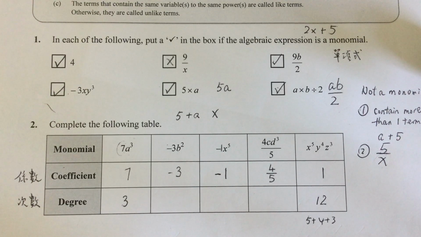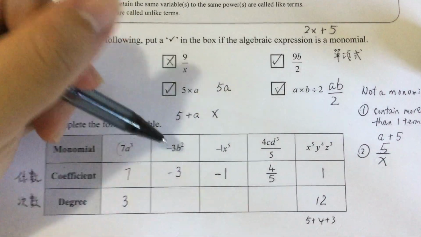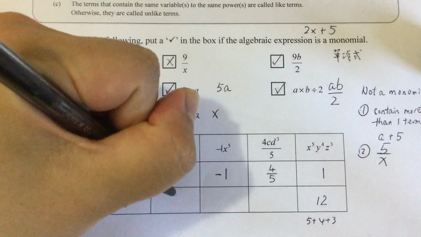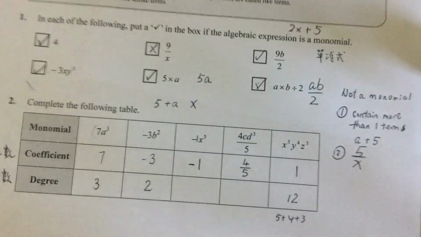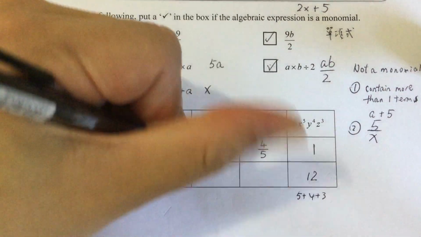Okay, now let me tell you the answer. If you cannot finish, just pause your video now. And now look at this one. This one is b squared, so that means the degree is 2. Because we do not have any other unknowns. And we have x to the power 5, so the degree is 5.